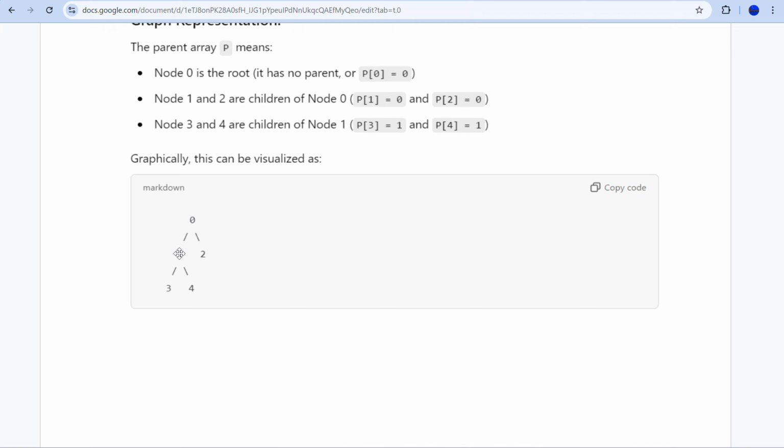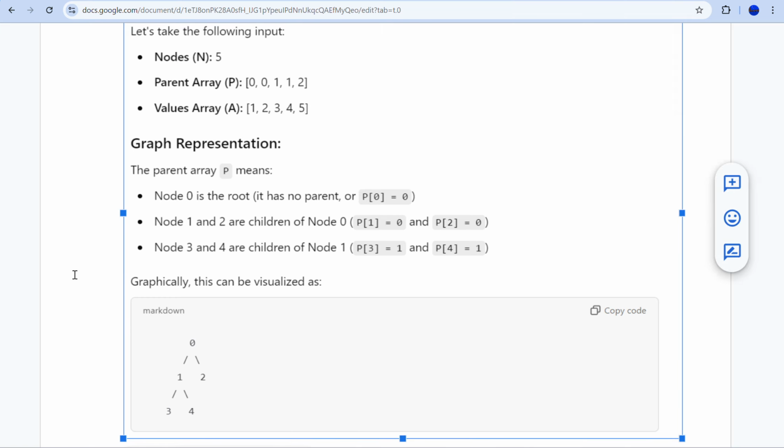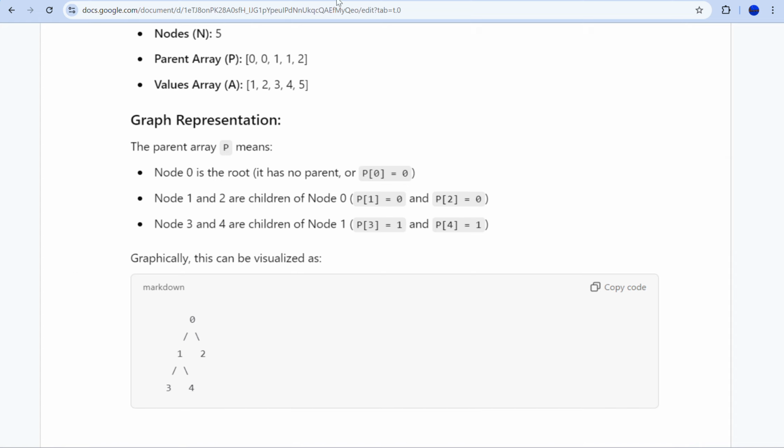If you remove 1, the separated components are 0 2 as one component, 3 as a separate component and 4 as a separate component. So the number of components for removing 1 is 3. Remember, for 0 it means 2 components, for 1 it means 3.